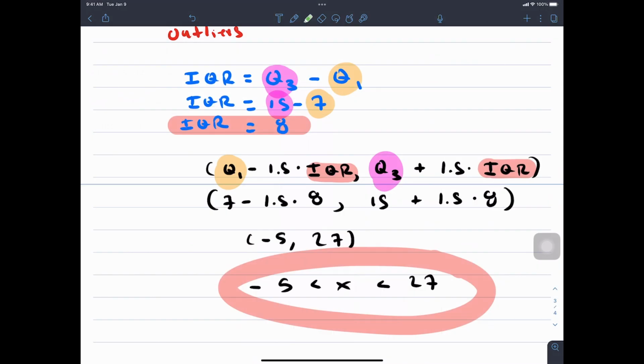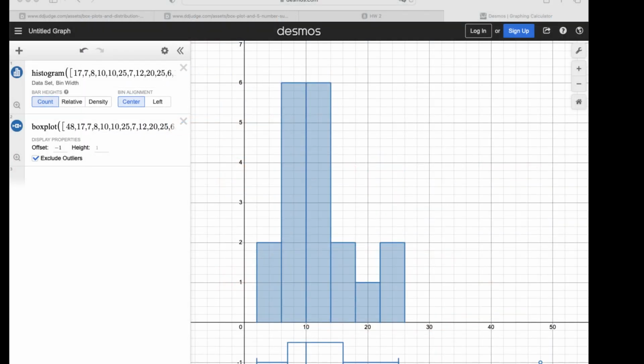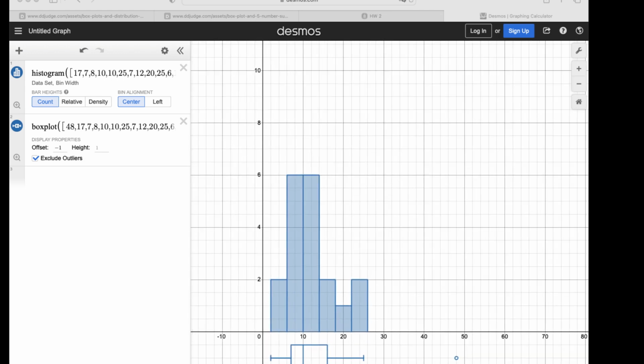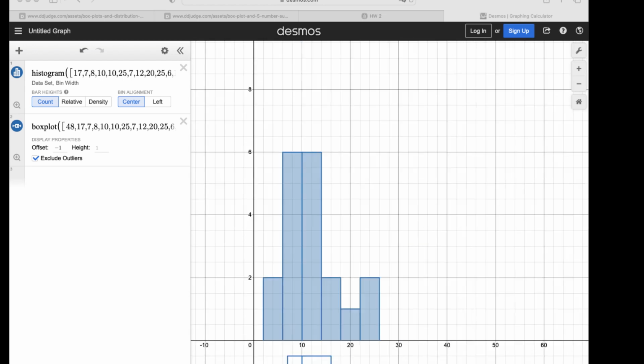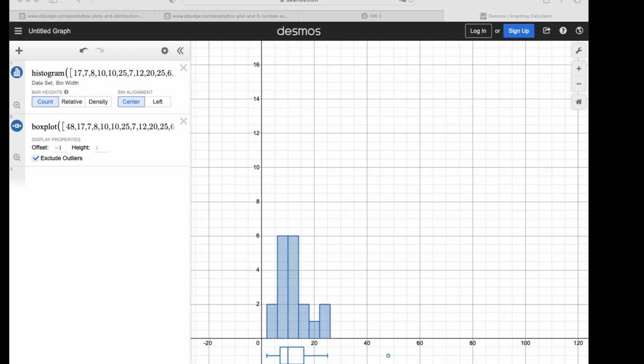So anyway, ladies and gentlemen, let's take a look at here. Where are we at? There we go. Oh, you can't see the outlier. Oh, there it is. There's the outlier, the lower right.